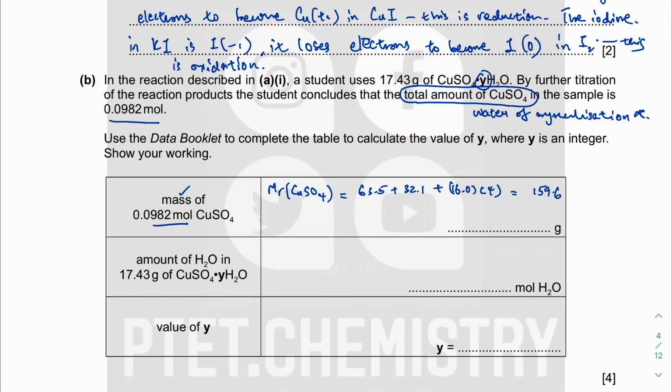159.6, but that is the MR, so mole is equal to mass over the MR. So if I need the mass, then I do 0.0982 mole multiplied by the MR. I know you know what I'm doing here. So I move that, mole times MR, and that will give me 15.673.